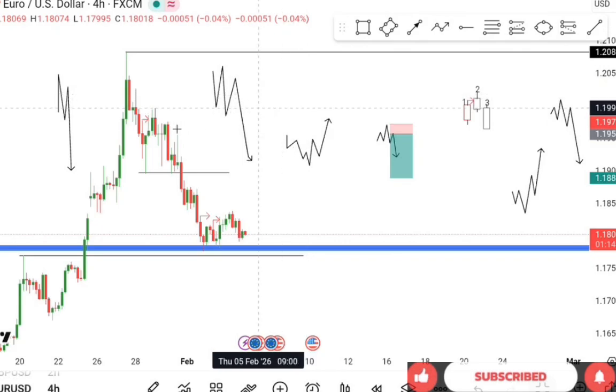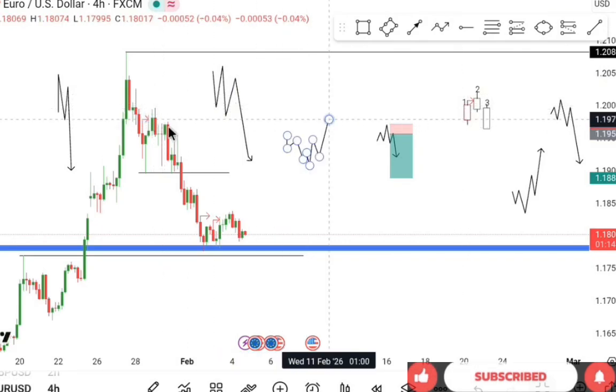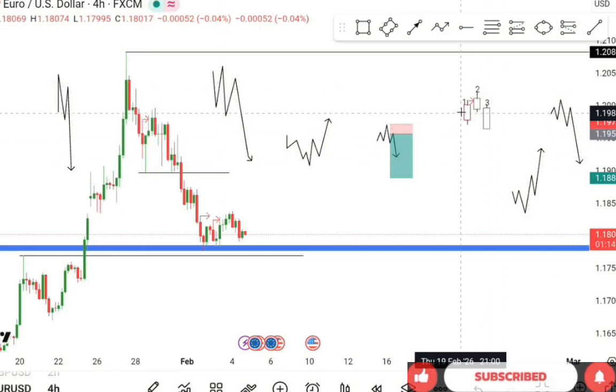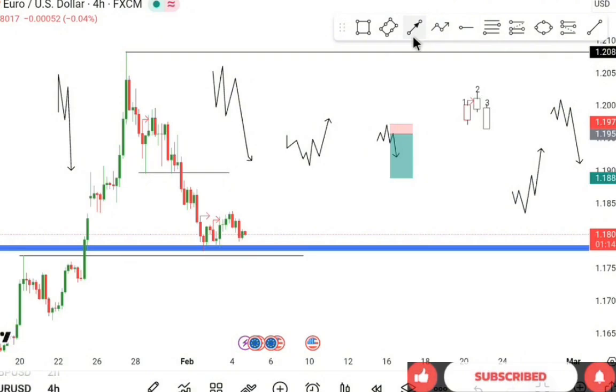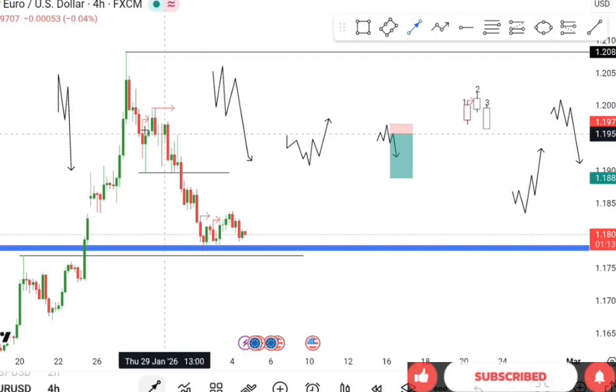Let me bring it out. You can see we did this lower low, we left this liquidity at this zone here. This is number one. This bearish move, you can see where I'm saying it. Number one, we displaced to this downside.